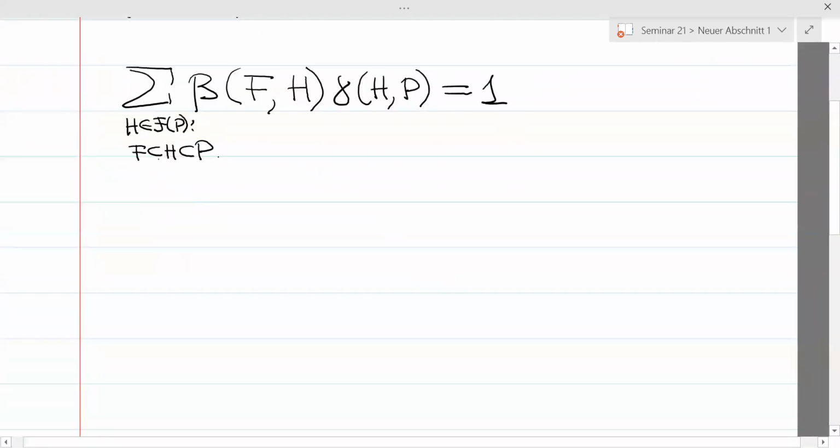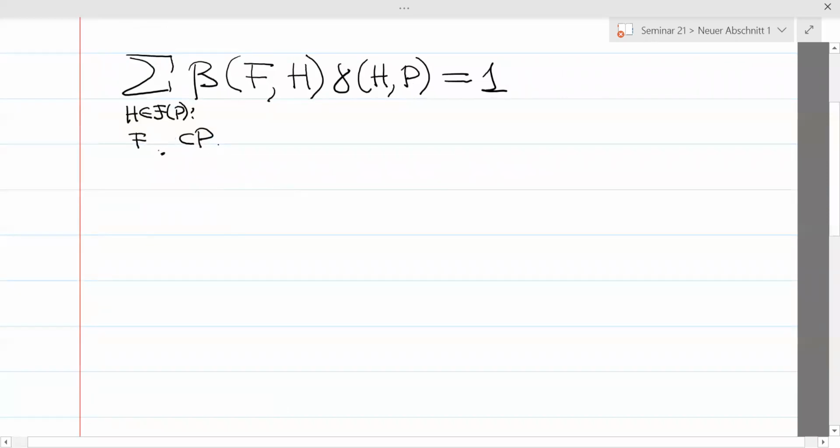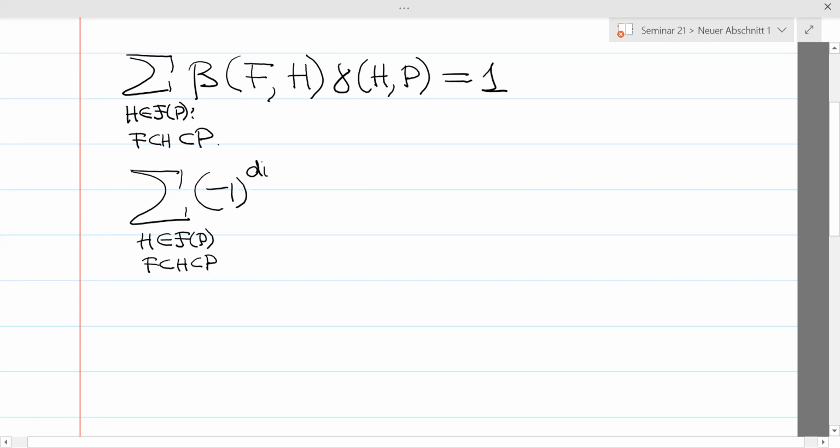The second relation states that a similar sum with alternating signs is 0. So it says that if I take the very same sum, but we add here some signs, let's say dimension of H plus dimension of P, and then the very same sum, beta FH times gamma HP.